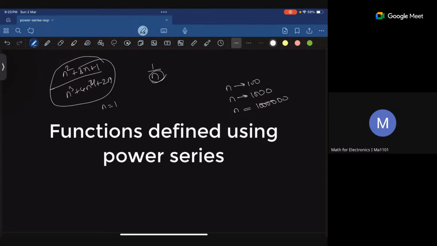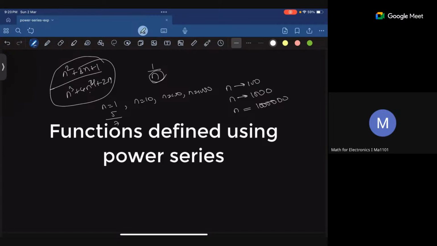See what happens at n equals 1, n equals 10, n equals 100, n equals 1000. When n is 1, you will see 1 plus 3 plus 1, which is 5, divided by 1 plus 4 plus 2, which is 7. So it is 5 by 7.